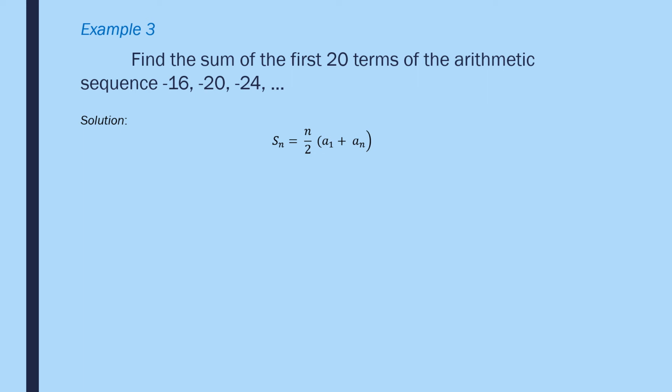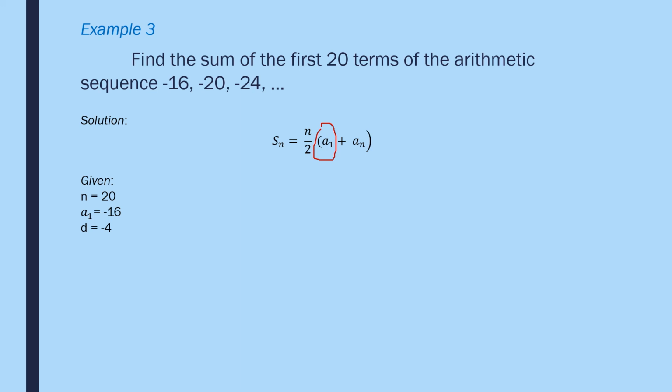Okay, so here we have our first term, which is equal to negative 16, and our last term we don't know yet. Okay, so that's why we need to find our a sub n later. What are the givens now? Okay, we have n equals 20 because we have the first 20 terms.